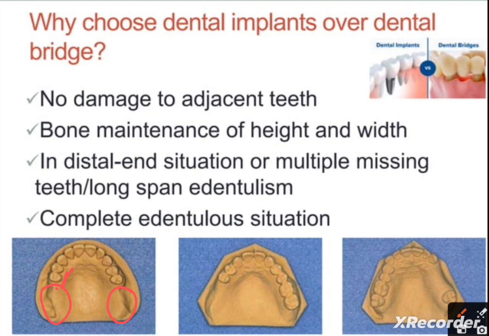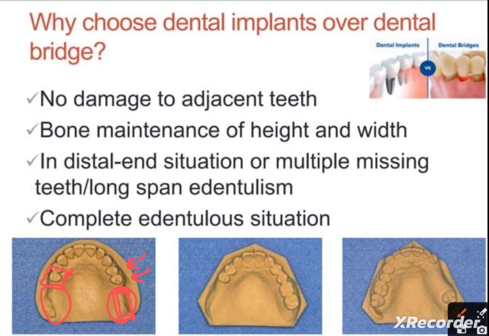These mesial abutments will undergo torsional force, and there is a high probability of denture failure. Whereas in the case of dental implants, we can easily place them in such edentulous cases, because we are not taking support of any adjacent natural teeth.